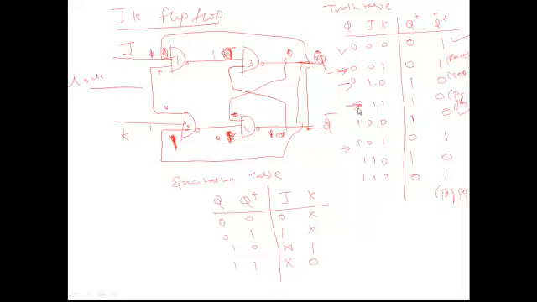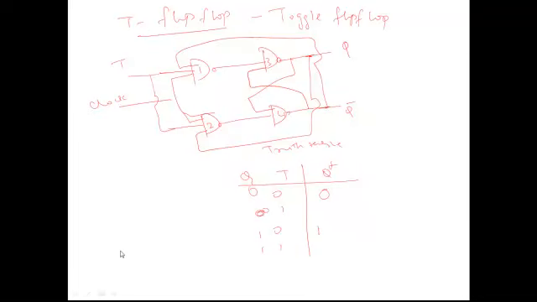If the present state is 0, the next state is 1, and if the present state is 1, the next state is 0. Therefore, when T is 1, J and K are 1. Present state 0, next state 1, and present state 1, next state 0. So this completes the truth table of the T flip-flop.